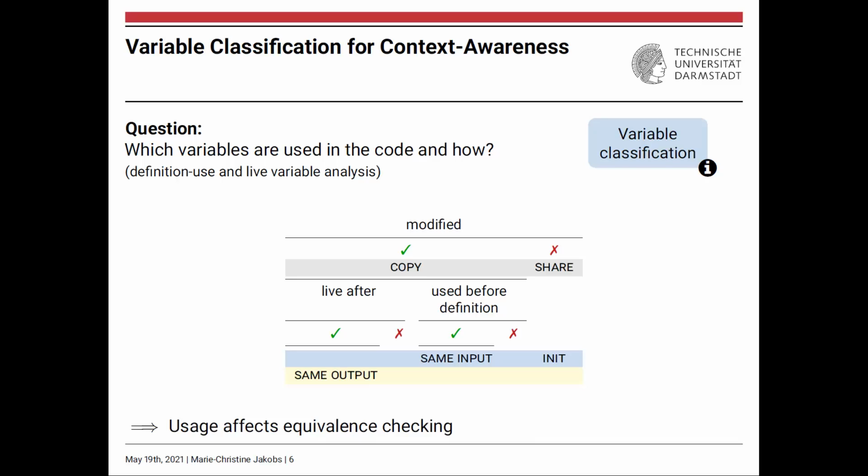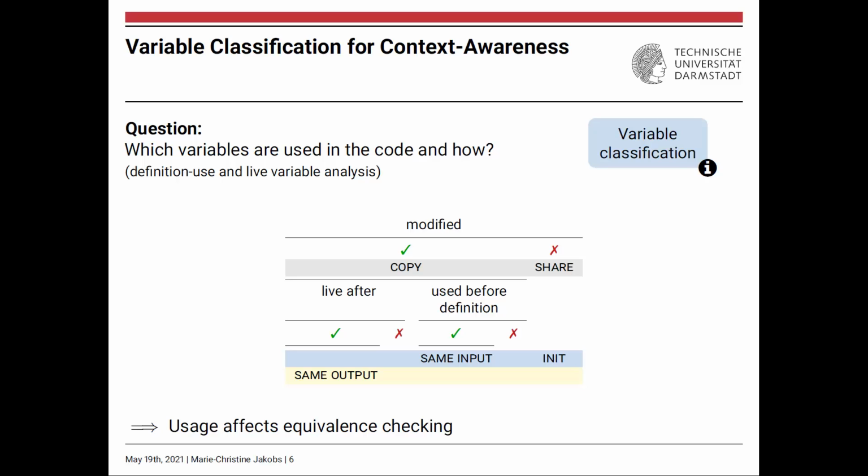For example, to avoid that the code segments of original and refactored program interfere, we need to copy modified variables. Moreover, read-only variables need to be initialized. And also variables that are modified but may be used before definition need to be initialized.